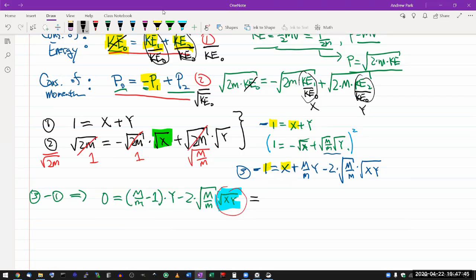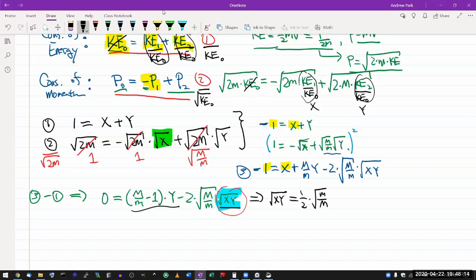So when you do that, I'm going to solve it for the square root of xy. So let me just write square root of xy by itself for when I have solved for it. That's going to be equal to, so I guess I'm imagining I move this to the left-hand side, and then I'm multiplying through by 1/2 times square root of small m over big M. Yeah, that'll get rid of all the coefficients.